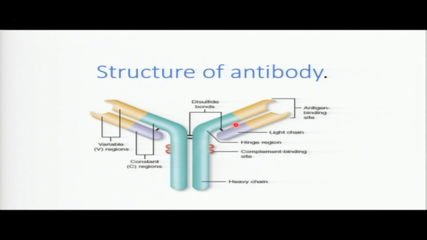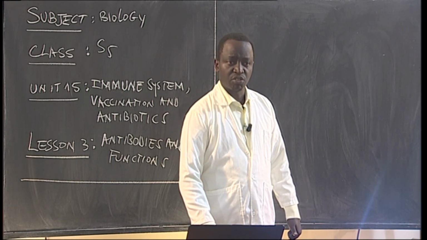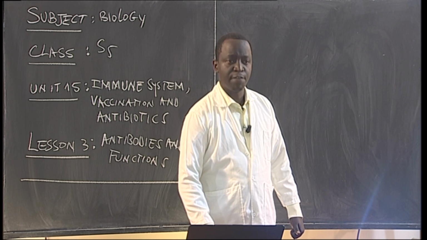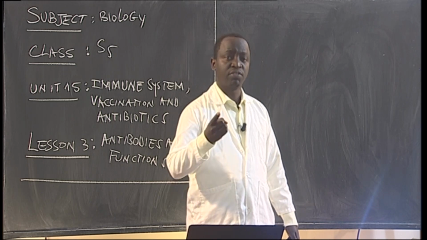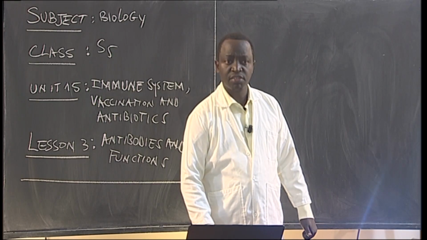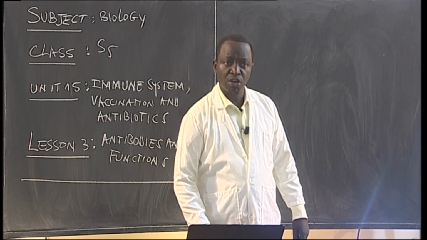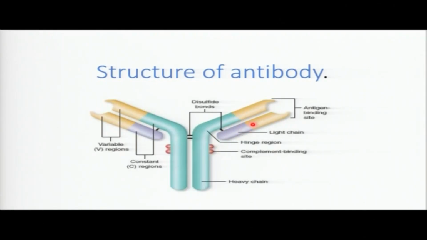Those are the 4 chains that make antibody. 2 are heavy chains and another 2 are light chains. So we also have those 2 other chains, this one and this one.